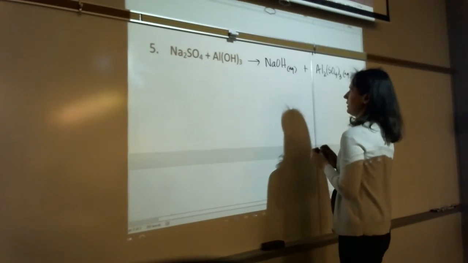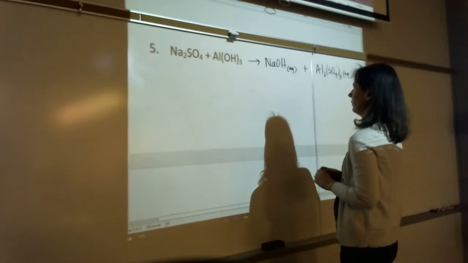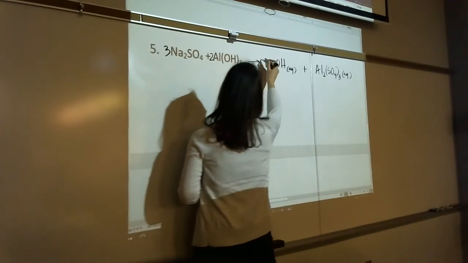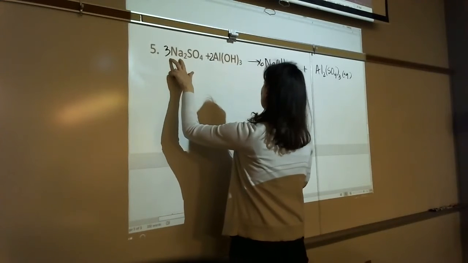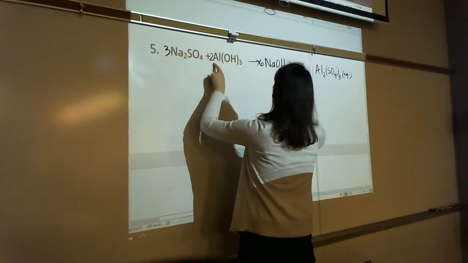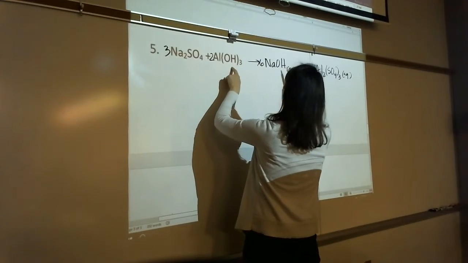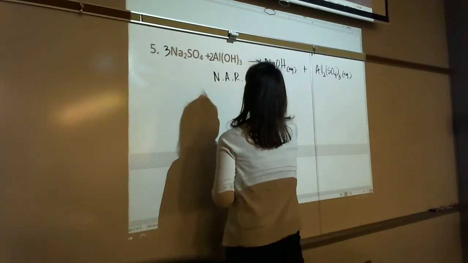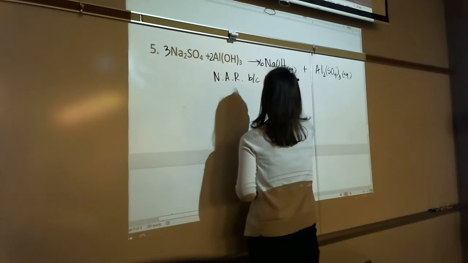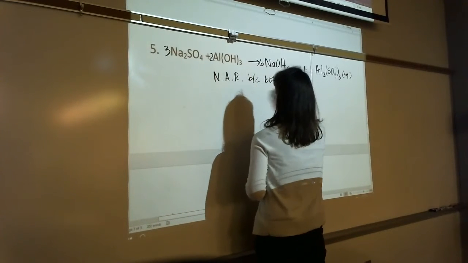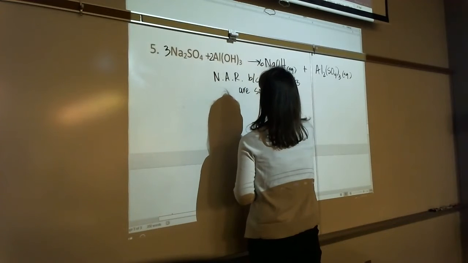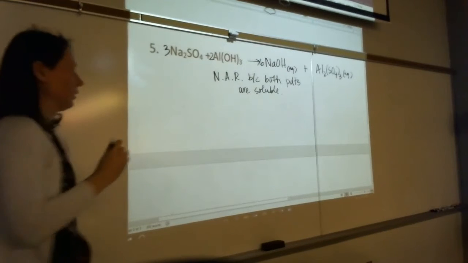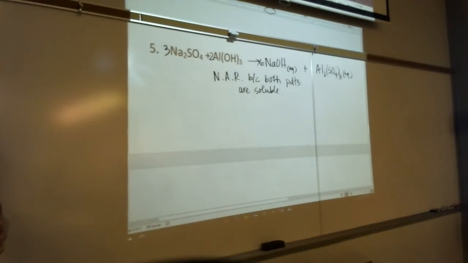So we need to balance this. How do we balance this? 3, 2, 6. 3, 2 and 2, and 6 and 6. I agree. And then again, you would just say no apparent reaction because both products are soluble. Do we agree on this one?